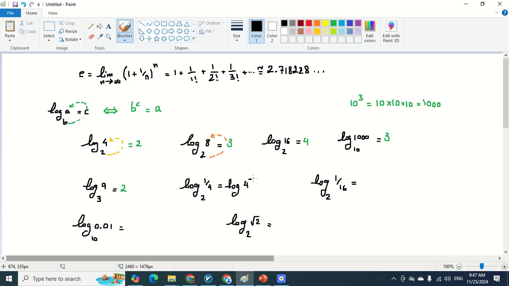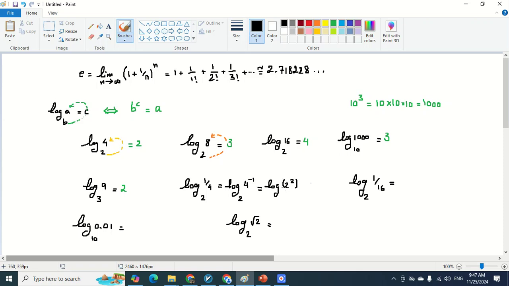We can write 1 over 4 as 4 to the power of minus 1. Moreover, 4 can be rewritten as 2 to the power of 2. So I can rewrite it as log of 2 squared to the power of minus 1.